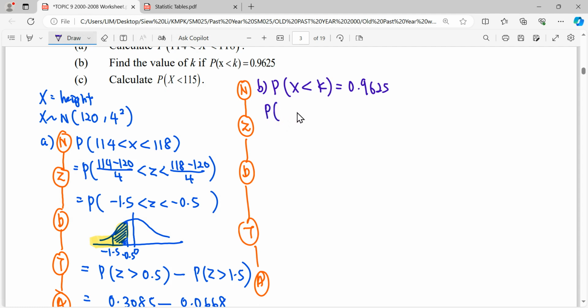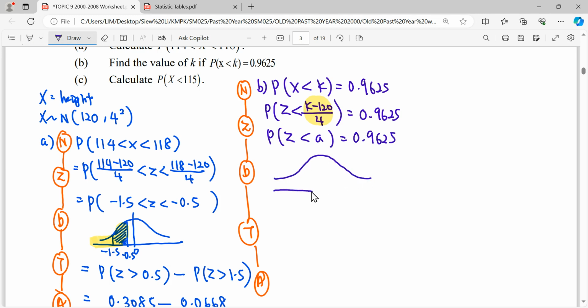When we change to z form, x becomes z, k will need to minus mean over standard deviation 4. Then we denote this as one symbol, z less than a, for us easier to write. Then when we want to draw out this region, we need to guess what our z-score is. Our z-score may be negative.